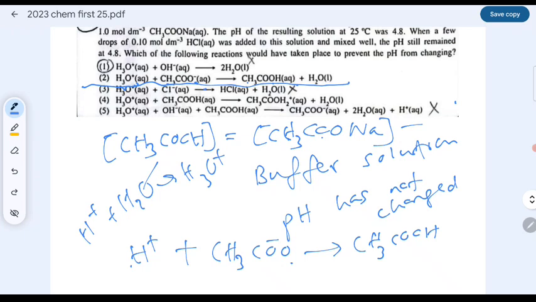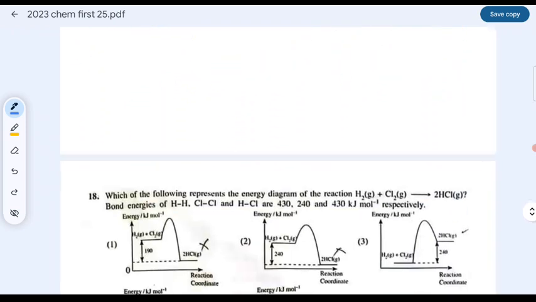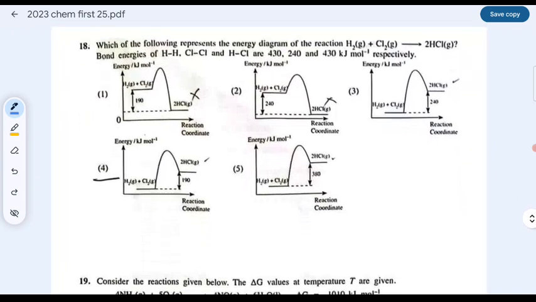So the answer is 2. Right? Because this H plus is taken by CH3COO minus, the pH does not change. Right. Now let's move on to the 18th question.